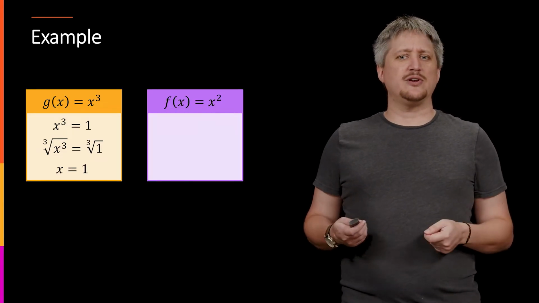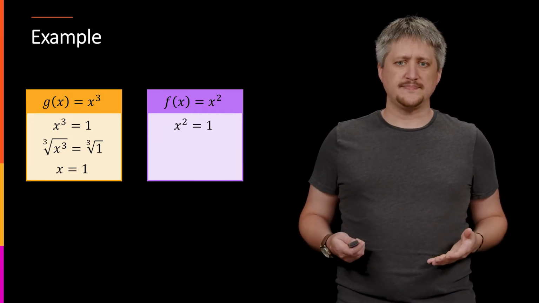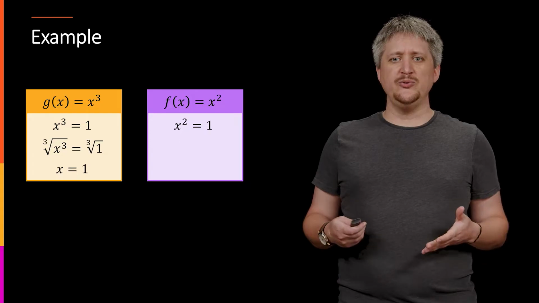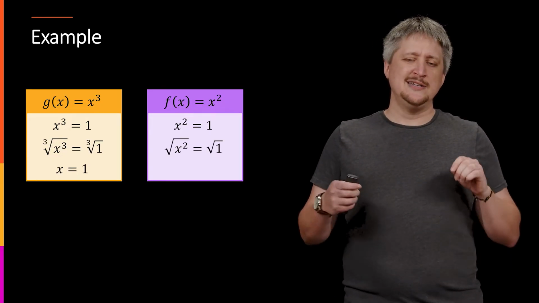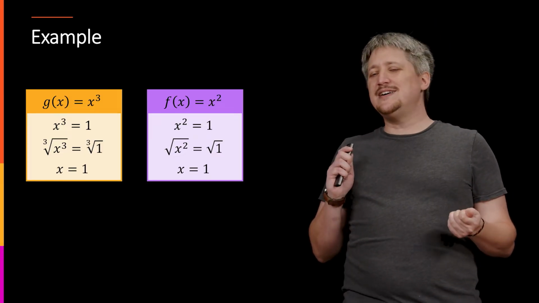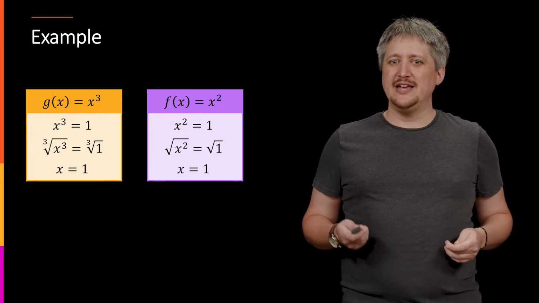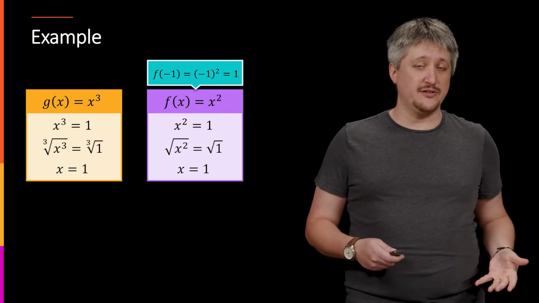Now, in contrast, if I look at x squared and I say, where is x squared equal to 1? Well, I can still undo the square. That gets me a square root, and the square root is 1, but not quite, right? Because if I plug in -1 squared, that is also +1.